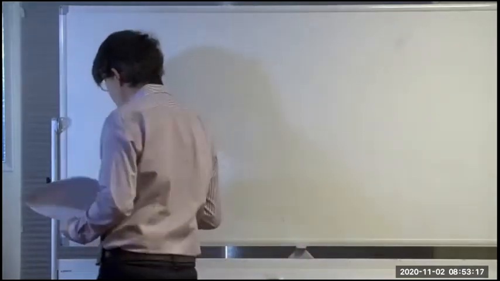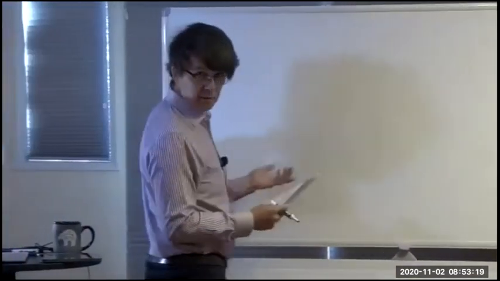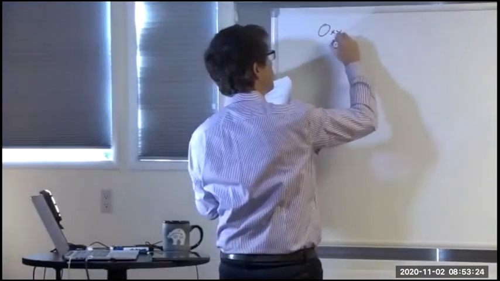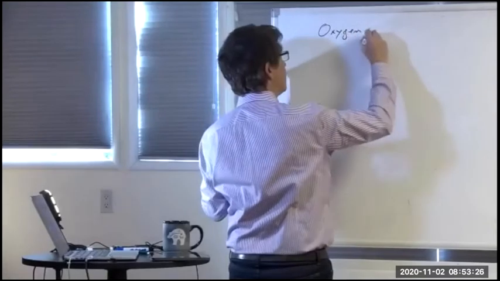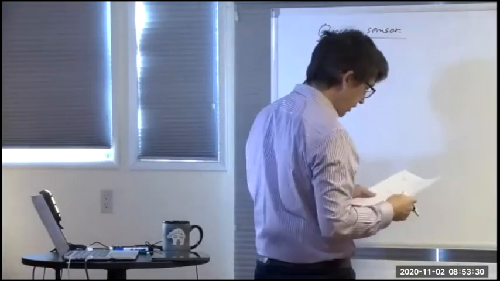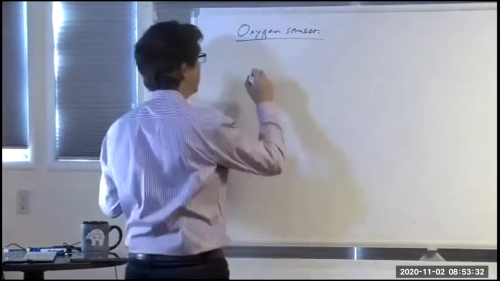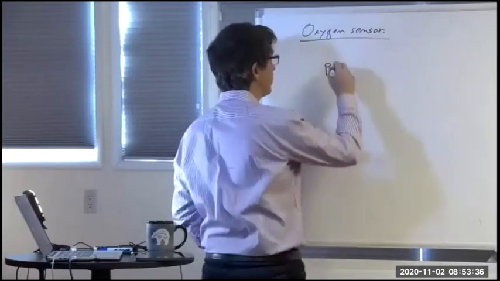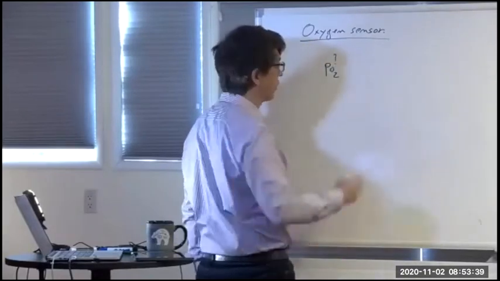You can use these ideas to measure oxygen activity, because one thing you often want to measure is oxygen content in a mixture or in a gas phase. So let's say you have a phase, this could be a gas or over a solution, where you want to know the partial pressure of oxygen.